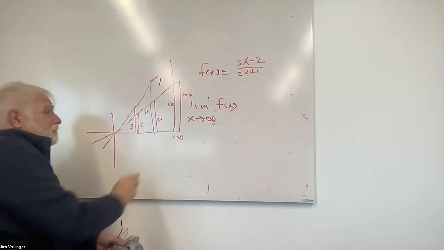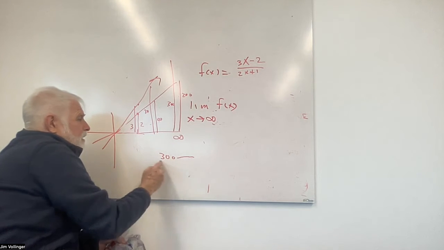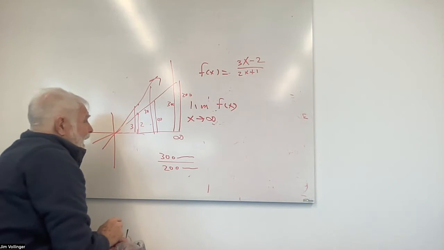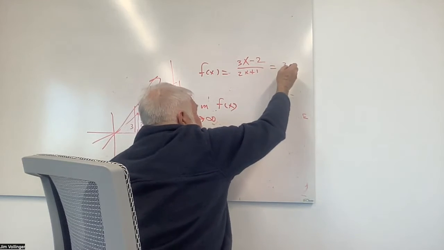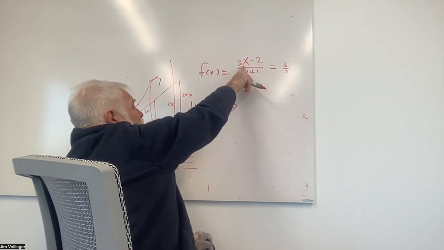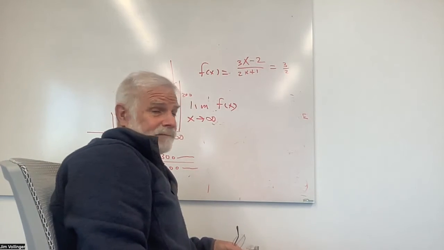Sure looks like 300 in the numerator with a little bit of change, and 200 in the denominator with a little bit of change. I think I have a 3-to-2 ratio. When I put a billion in here, losing $2 on the sidewalk's not going to break me.